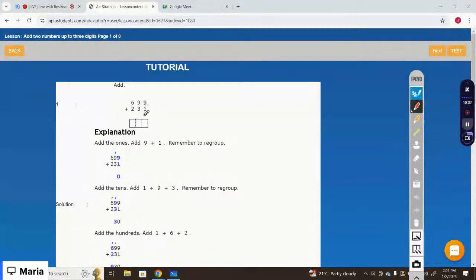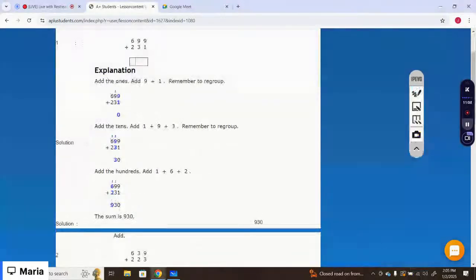Let's add the ones first. So 9 plus 1, 9 plus 1 is 10. You need to write down the ones digit over here and carry the 1 to the next digit. Now add the tens. 9 plus 1 makes 10, and 3 add the carry also. So write 3 over here and carry 1. Now add the hundreds and the carry also. That is 6 and 2 is 8, and 1 is 9. So when you add them, they make 930.